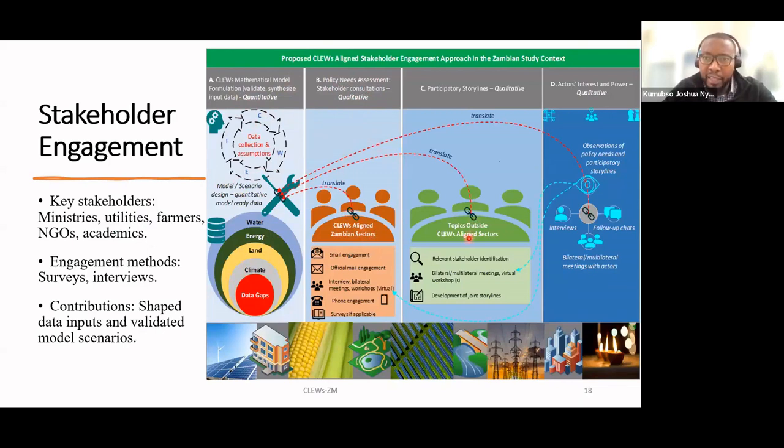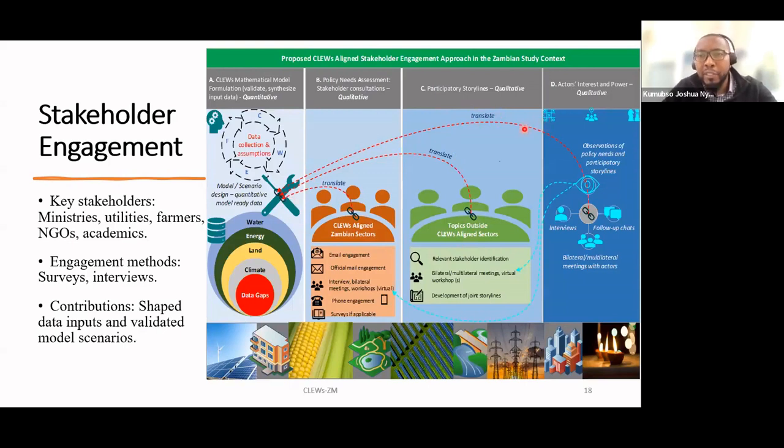Then we also have the non-CLEWs aligned sectors. We want to appreciate exactly how, for instance, gender is impacted by the CLEWs modeling framework. So this ensures that it's a participatory storyline that you want to be able to translate into what the model can actually help you with in terms of insights which are data-driven.